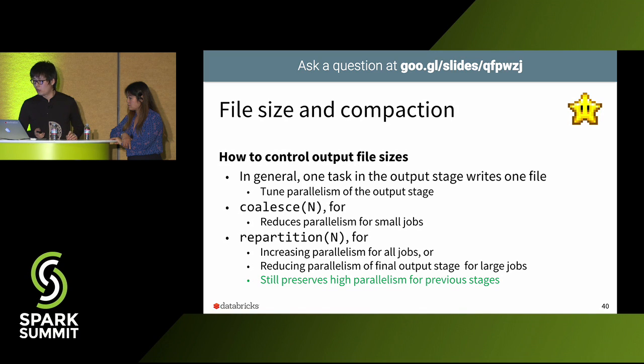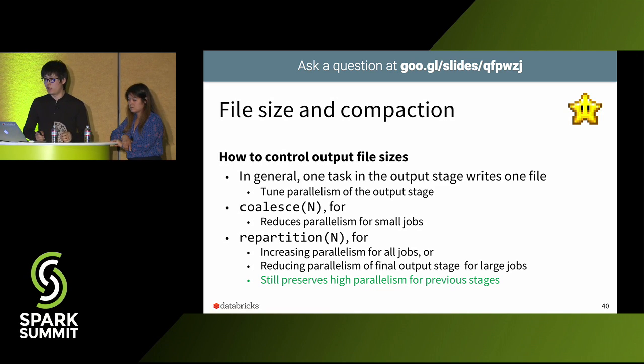Repartitioning is usually considered very expensive because it introduces an extra shuffle. However, repartitioning preserves high parallelism for upstream tasks and stages, so that when these stages are computation intensive, you still get the benefits of higher parallelism. And on the other hand, you still get larger output files for the final stage.